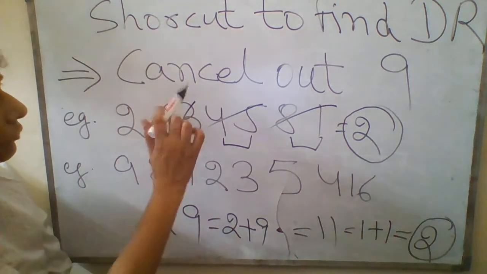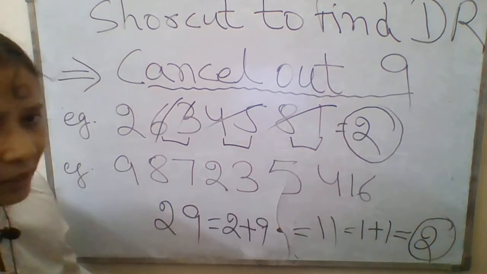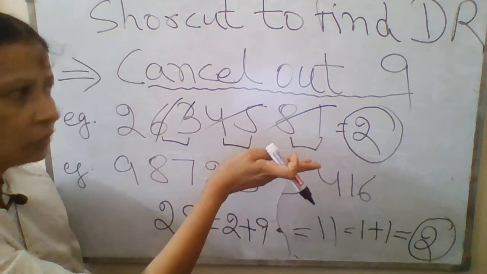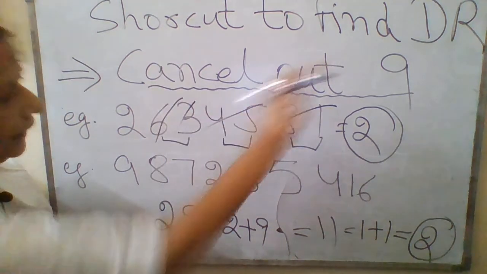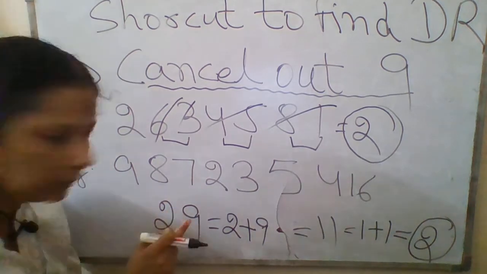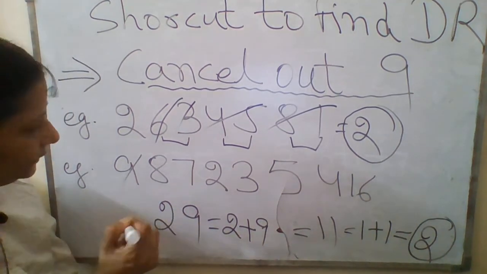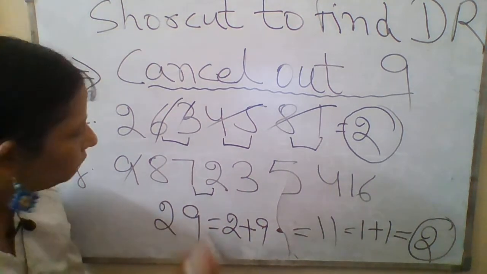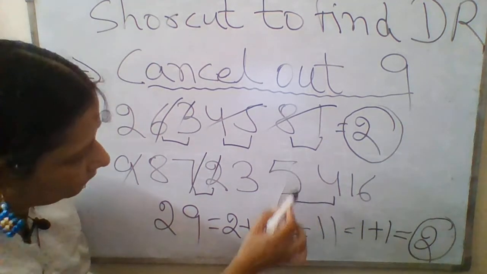So what is the rule? The rule says cancel out 9. If you add all these, it will be lengthy. So I am telling you the shortcut is cancel out 9. Look at this example also. This is simply 9. So 9, cancel out 9. Now 7 plus 2 will make 9. Cancel out 9. 4 plus 5 will make 9.